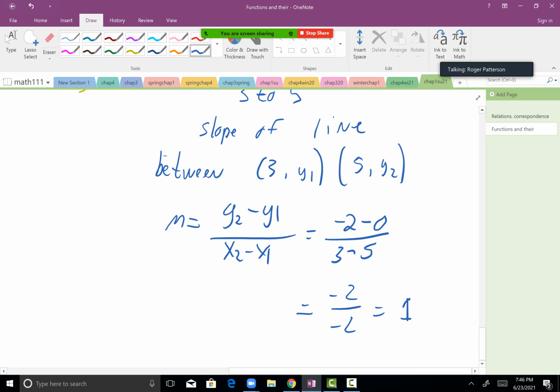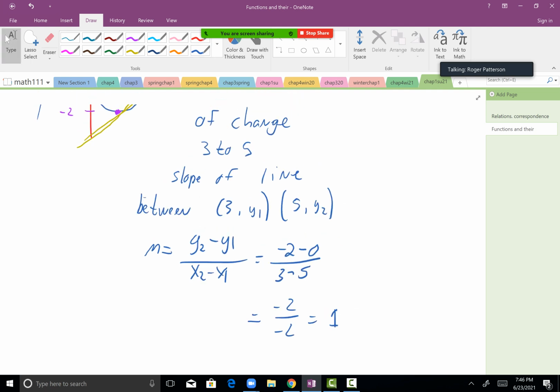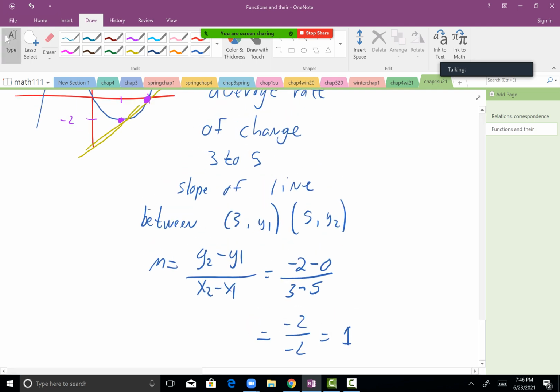All right, so you're just taking those 2 points and finding the slope of the line that goes through there. Any questions on that stuff?